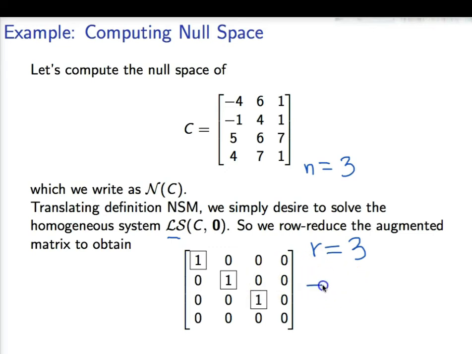So one of the things we would conclude from here is that x1 equals 0, x2 equals 0, and x3 equals 0. So the solution set of this linear system with the 0 vector as the vector of constants, that solution set contains one element and one element only, which is the trivial solution.